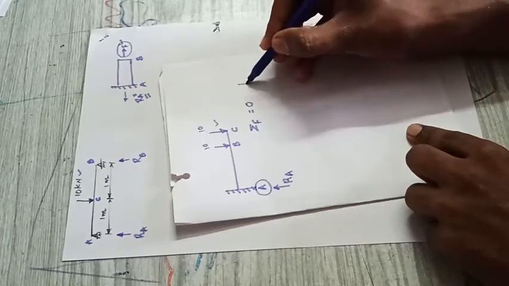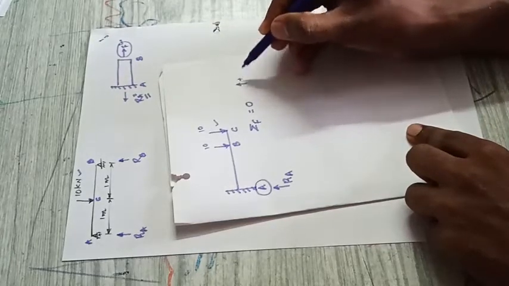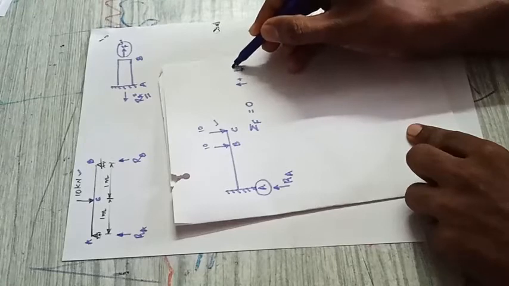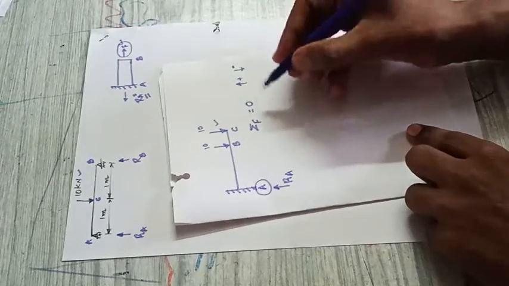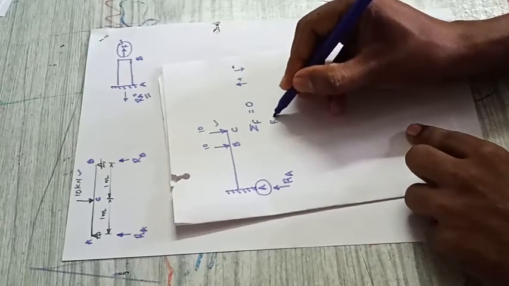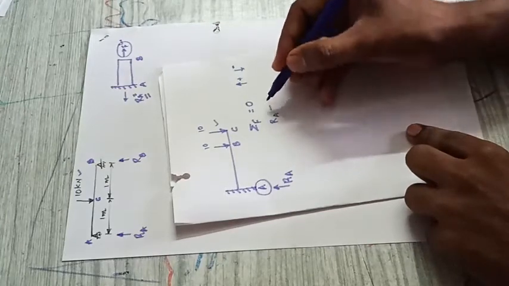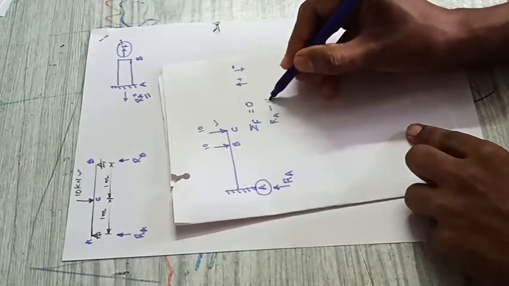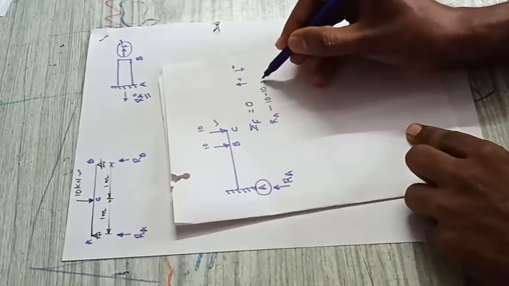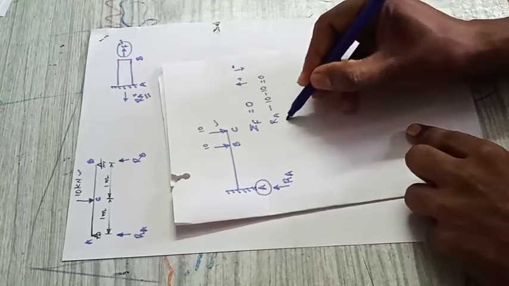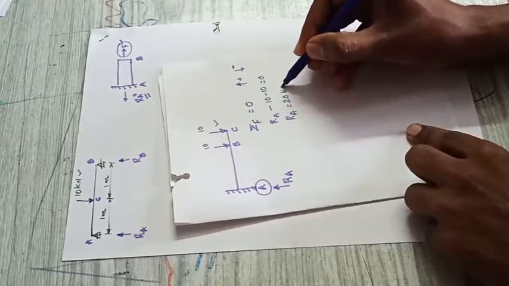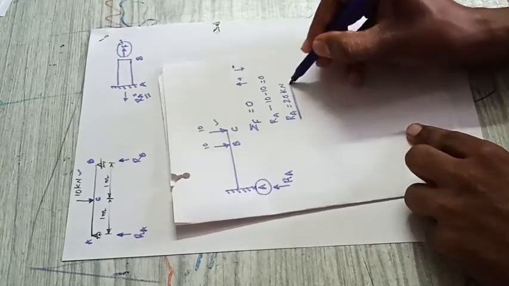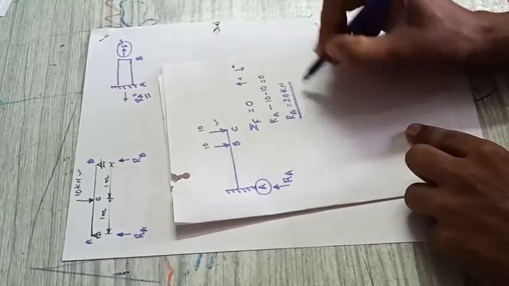So we will take a sign convention, upward as positive and downward as negative. You can change these sign conventions. So RA, as it is, plus minus 10 minus 10 is equal to 0. Therefore RA is equal to 20 kilonewton. This is the reaction force.